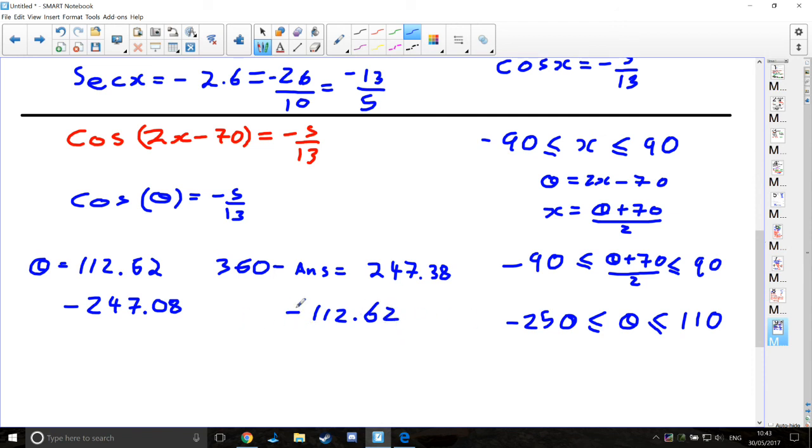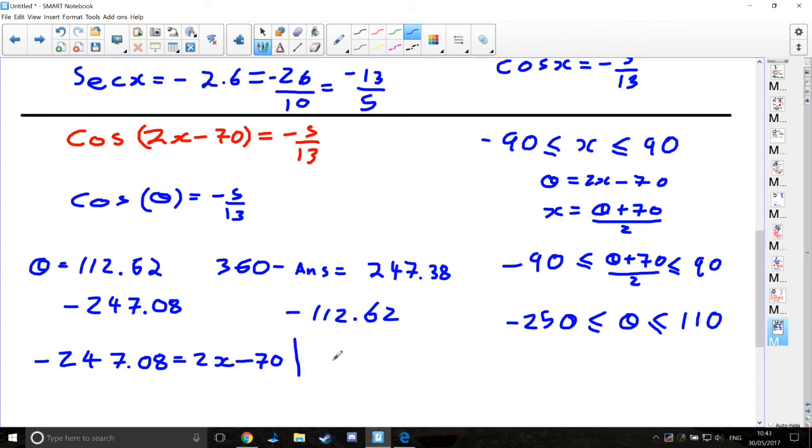Excellent. So now that we've got these, we need to write these in terms of x. So theta is 2x minus 70. So that means that minus 247.38 is 2x minus 70.